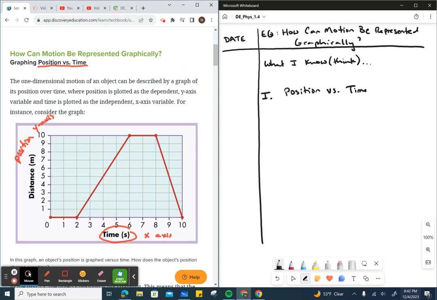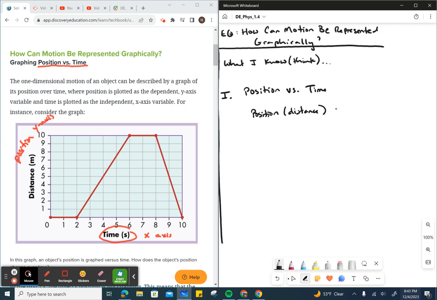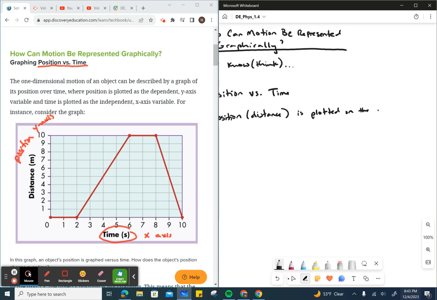So what do we want to say here? In this case, position can be represented as distance, and is plotted on the y-axis.